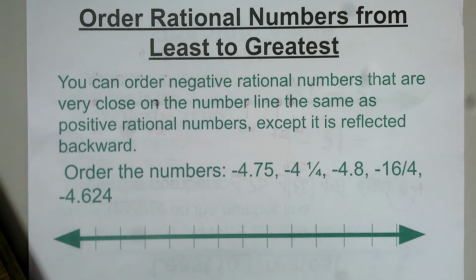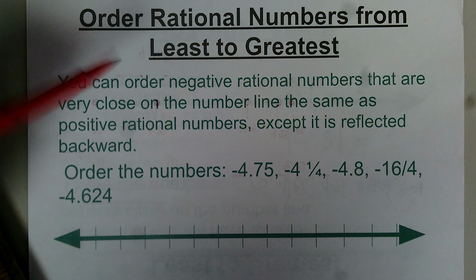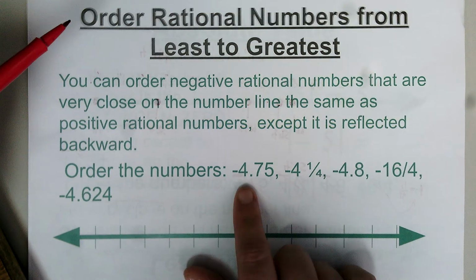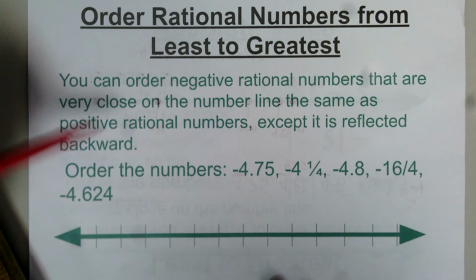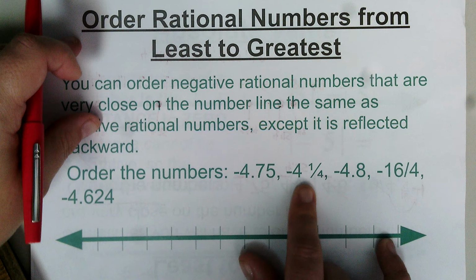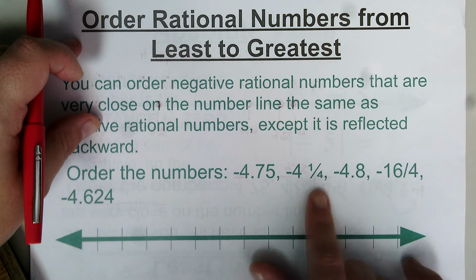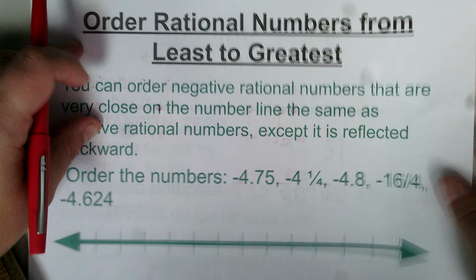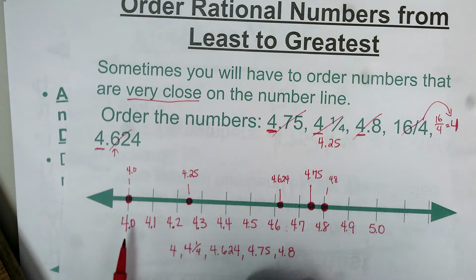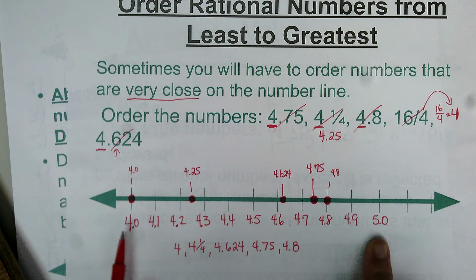Okay, you can do the exact same thing if you have negative numbers as you do if you have positive. Now, what I did was I actually just did the negative version of the positive number line we just did. So before we had 4 here, and we had 5 here. So we had 4.0, 0.1, 0.2, 0.3, 0.4.